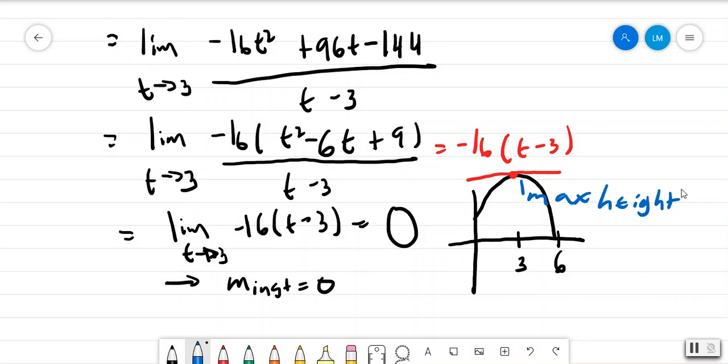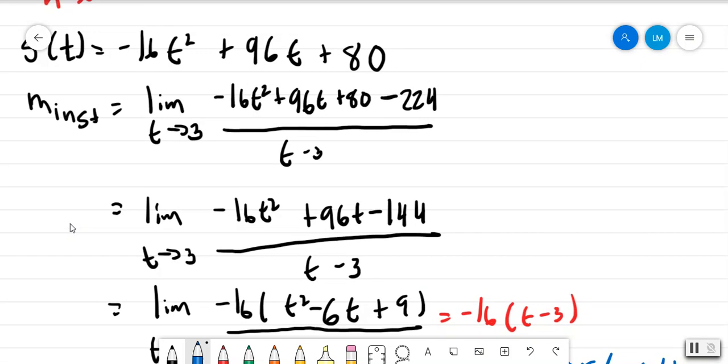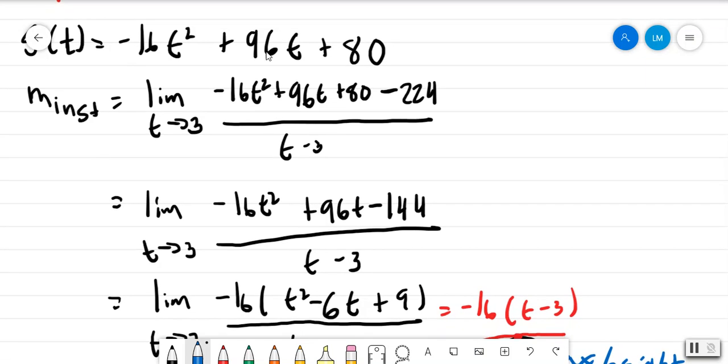But then the question would be, how do you find the maximum height? Well, that's actually just algebra when you think about it. You would just have to plug 3 back into this equation and see what the maximum height is.